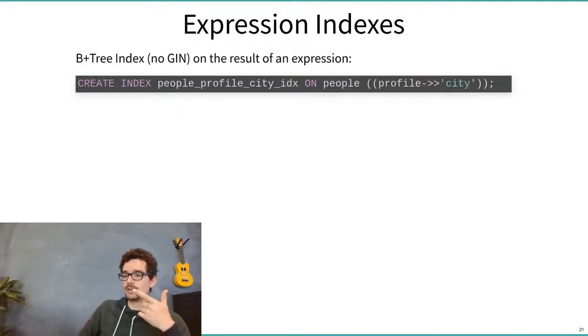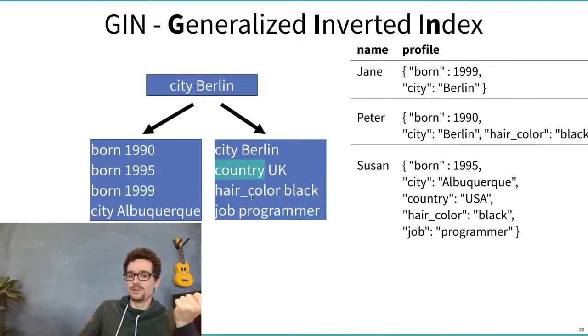And the second use case is if you never access country, hair color, if you never make selections on all these other fields in the JSON, then it would be a waste of resources to create a generic index.